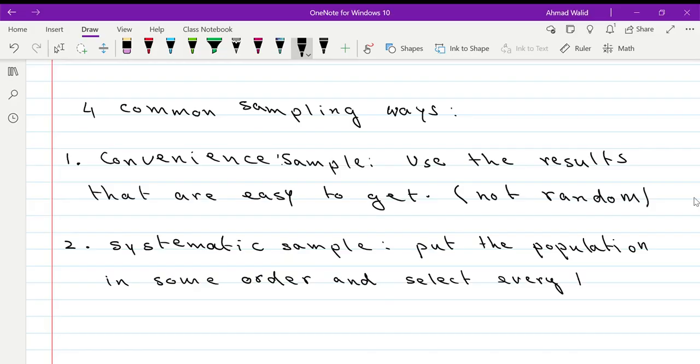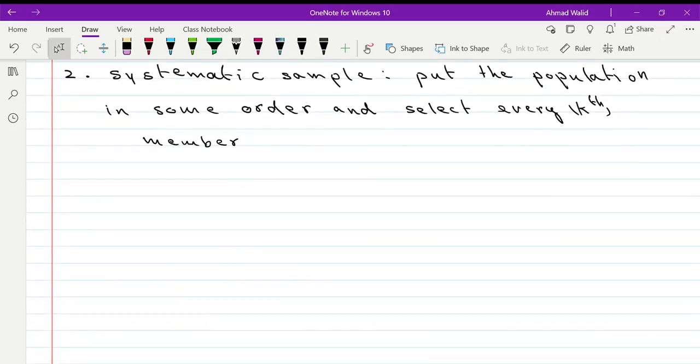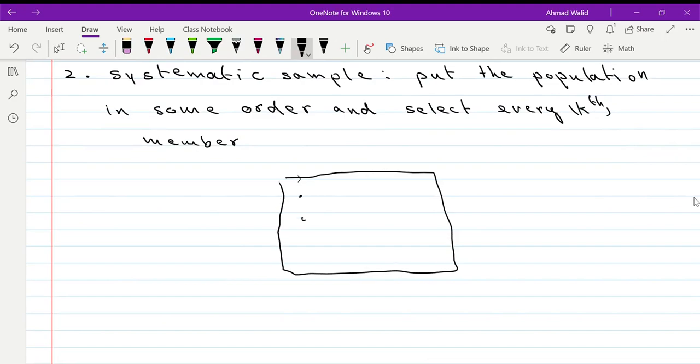Every nth or kth member, whatever you call it. That's the example that I already explained. Your class has 40 students.